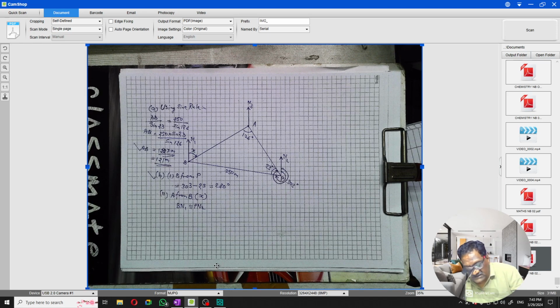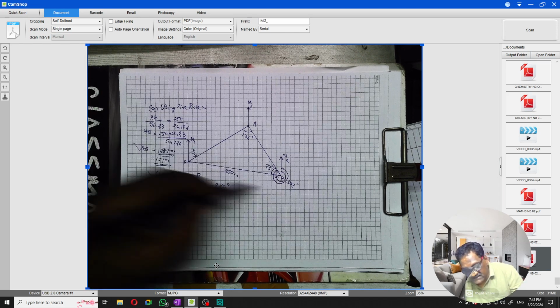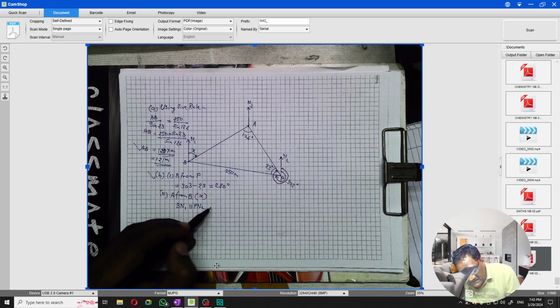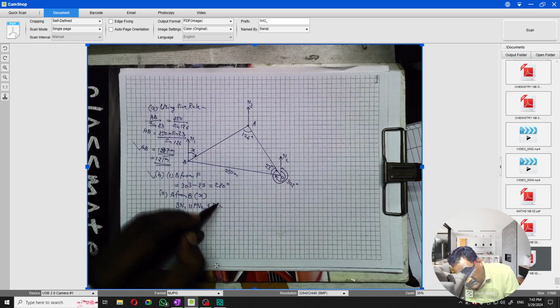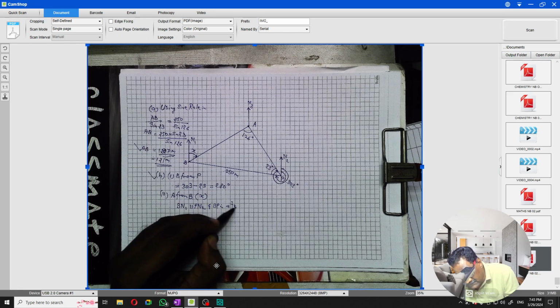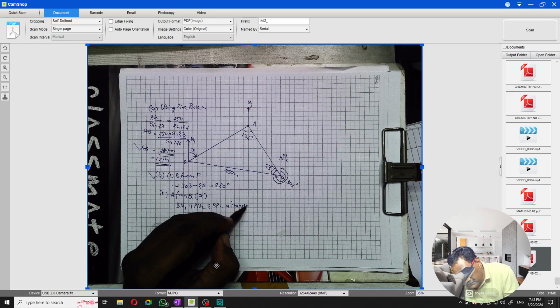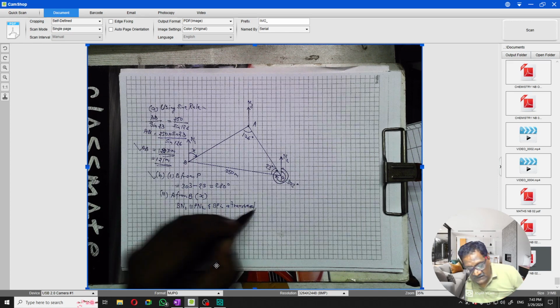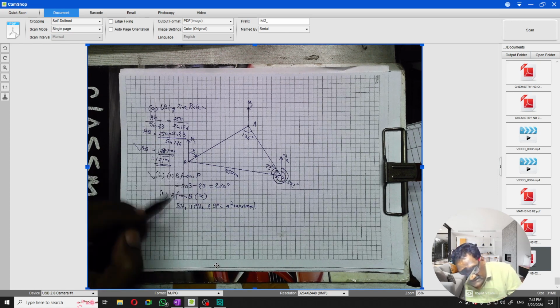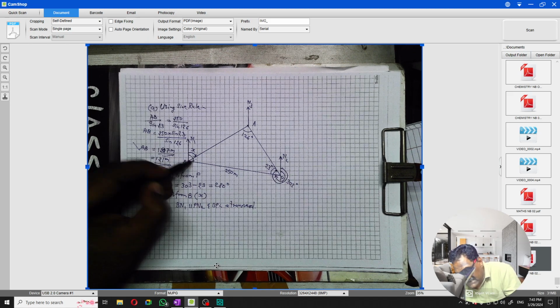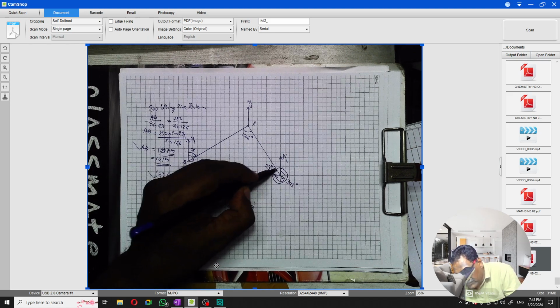And because these two are parallel, you can consider BP as a transversal cutting them. So BP is a transversal.